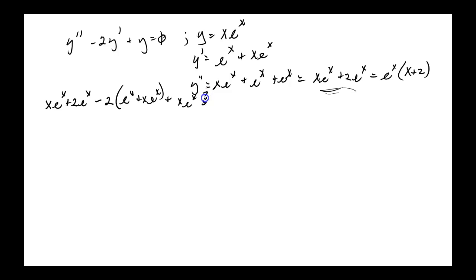The question is, is that equal to 0? Well, this is x e to the x plus 2 e to the x minus 2 e to the x minus 2x e to the x plus x e to the x. Is that equal to 0?